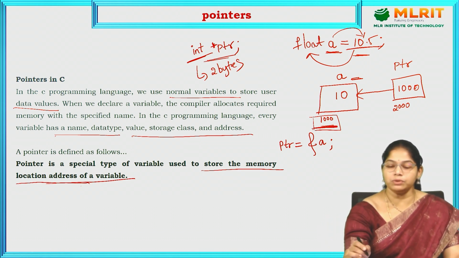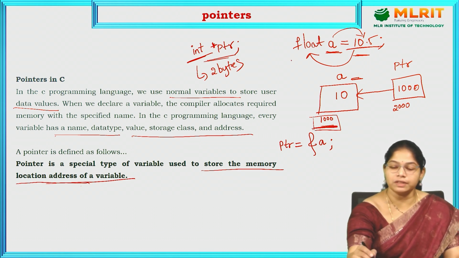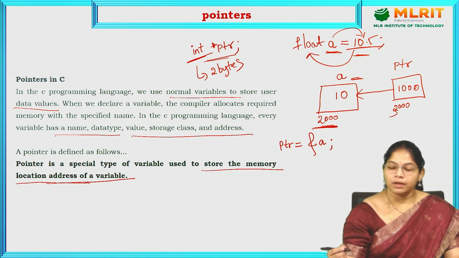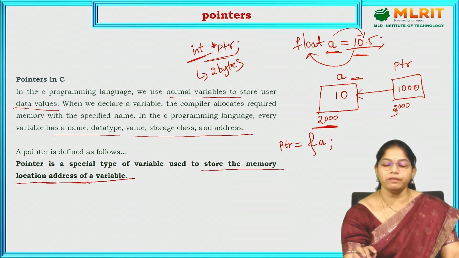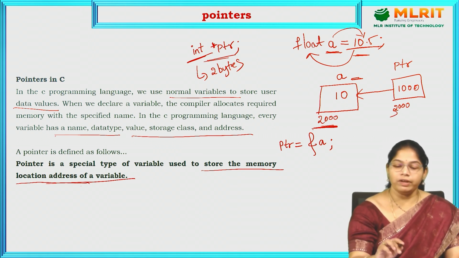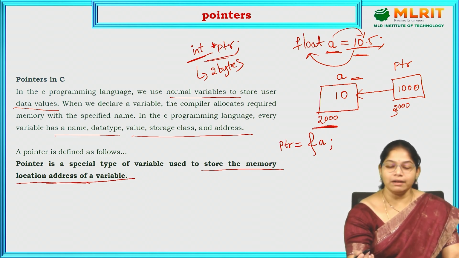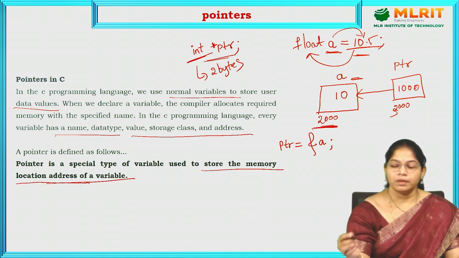If I want to store the address of this float variable, let us suppose it is 2000, then we have to declare a pointer variable whose data type is float.